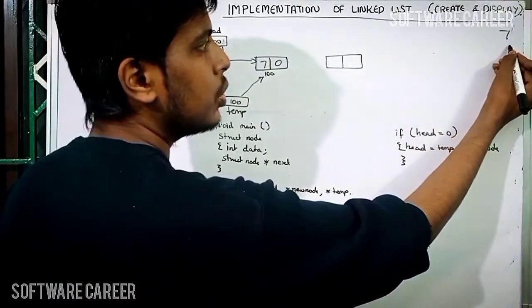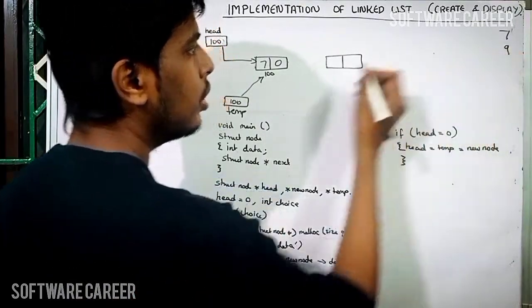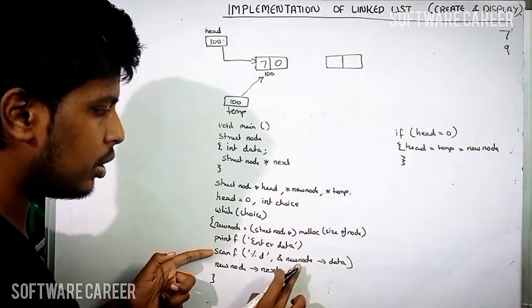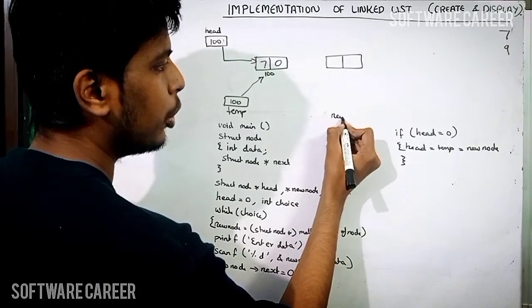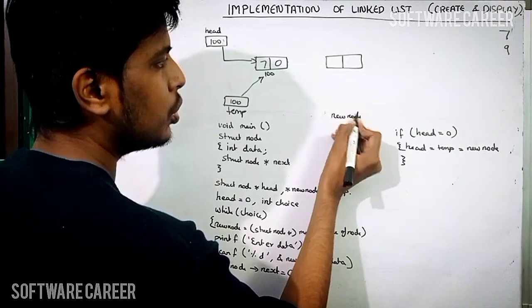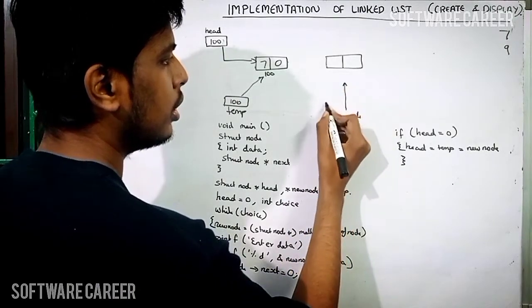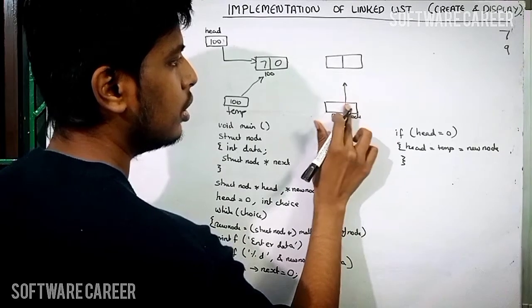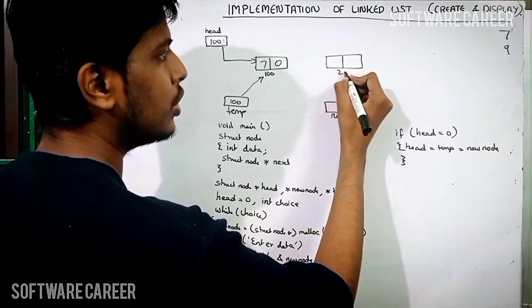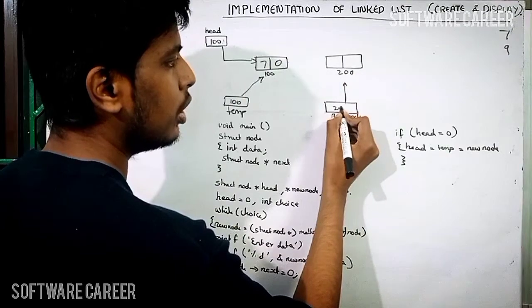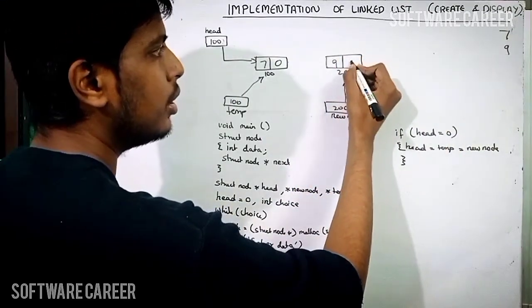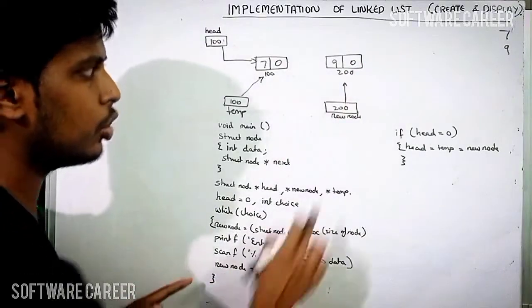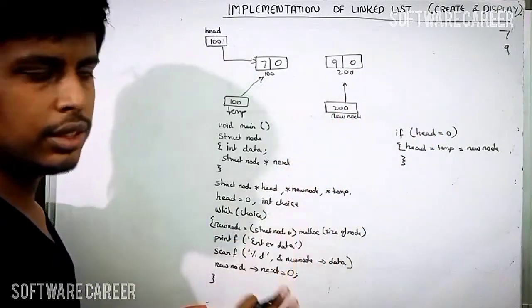Suppose let's say the user says 9, so 9 gets stored in new node data. So see, this is the pointer new node, which is used to point towards this node. Suppose let's say the address of this node is 200, so here 200 will be there. Now see, in this data part 9 gets stored, and here 0, because new node next is 0, because no pointer is there next.